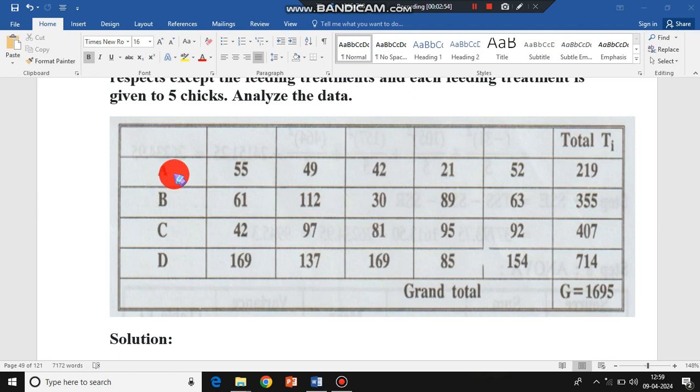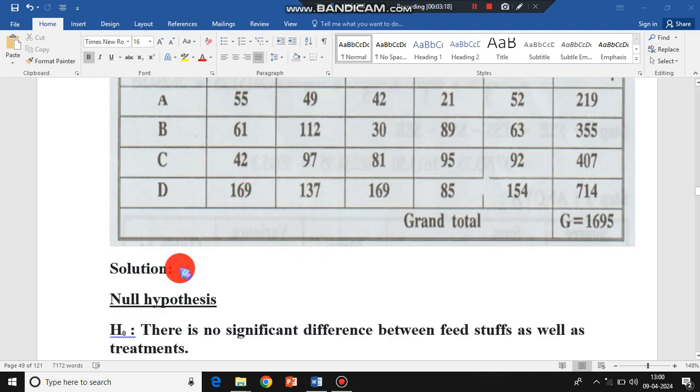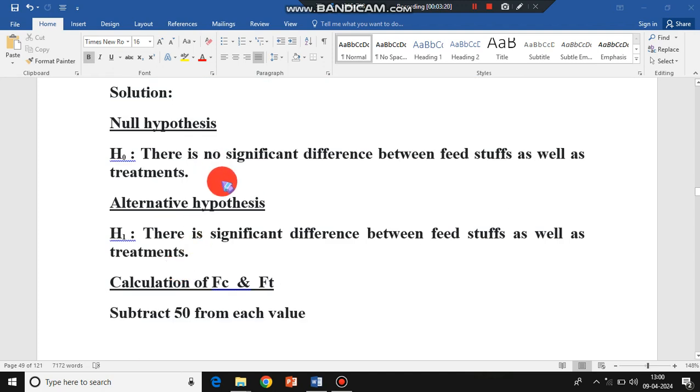If A is acting in a good way, B is not acting in a good way. If B is acting in a good way, D is not. So there is no homogeneity. There exists a considerable difference, I mean a significant difference among the foodstuffs. So as far as foodstuff is concerned, we have to reject the null hypothesis.